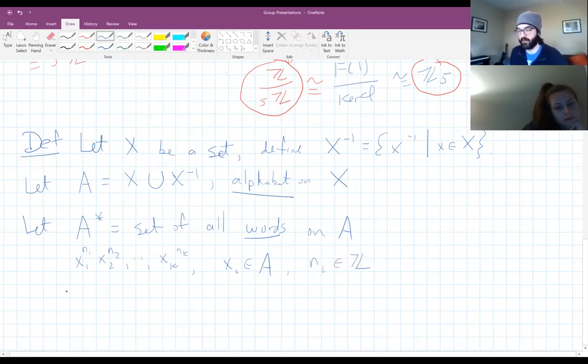So in other words, if X is equal to {a, b}, that means A is going to be a, b, a inverse, b inverse.